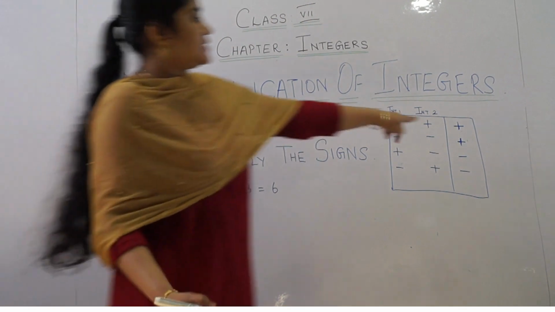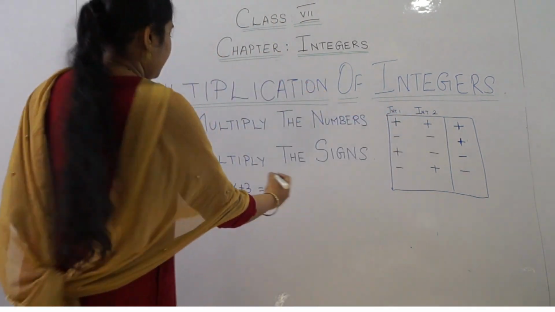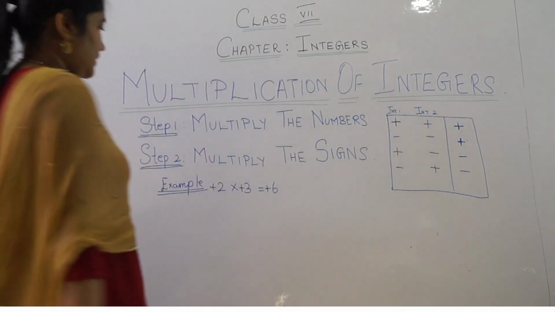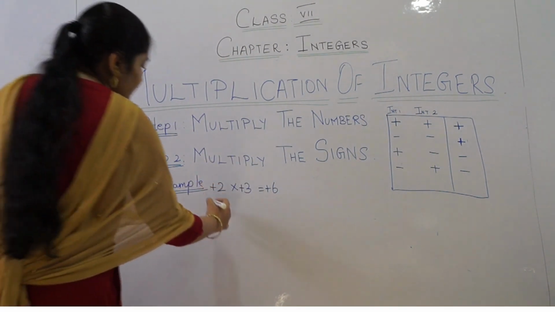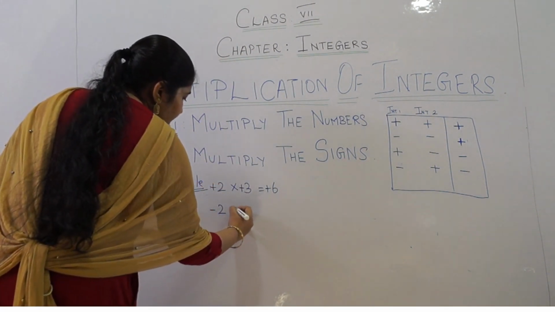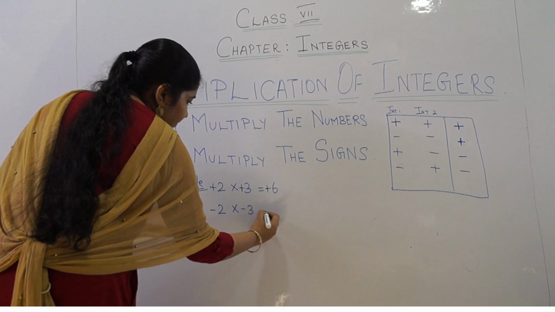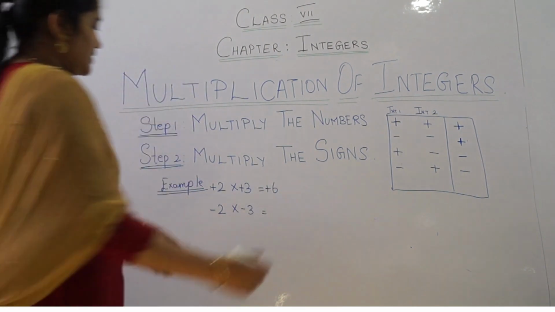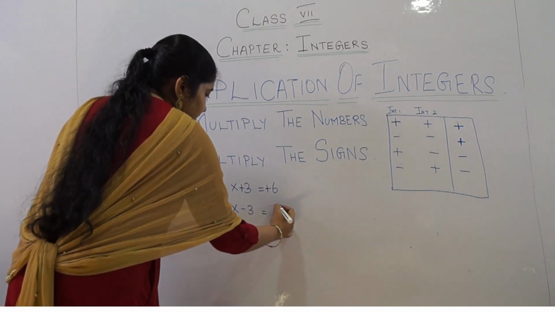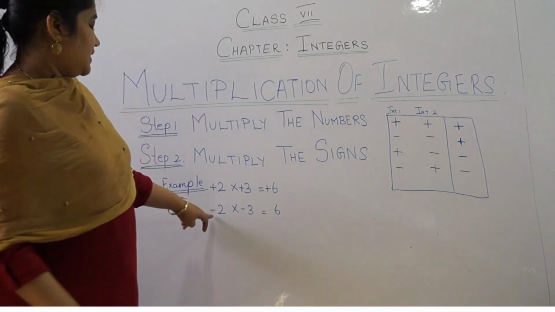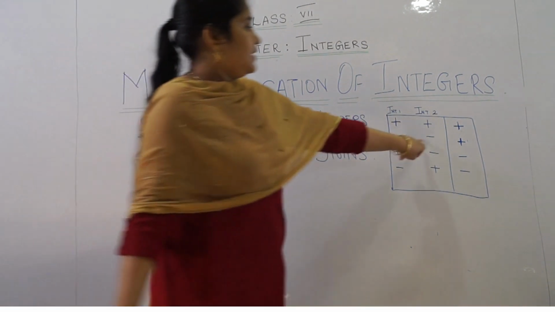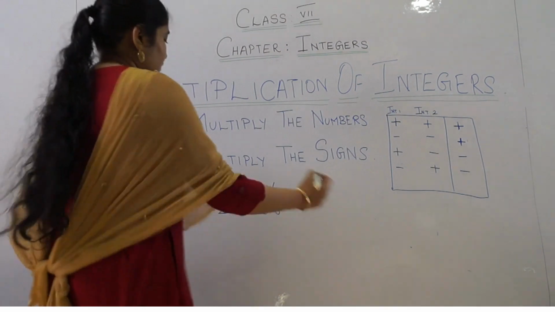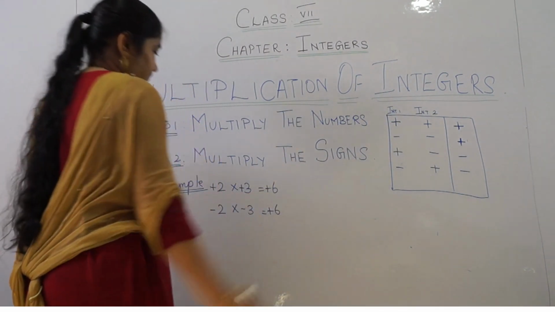So plus into plus is plus. So I get plus 6. My second example, minus 2 into minus 3. Again, step 1, multiply the numbers. 2 into 3, 6. Step 2, multiply the signs. Minus into minus is plus. So it is plus 6.